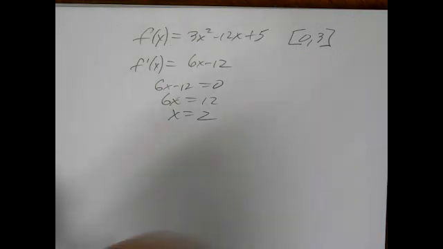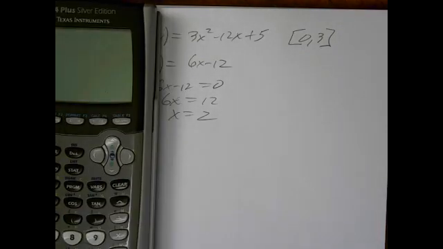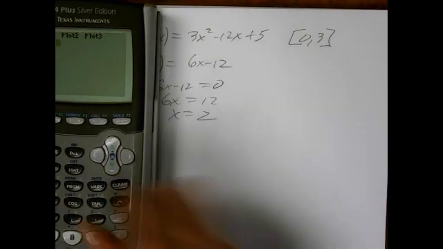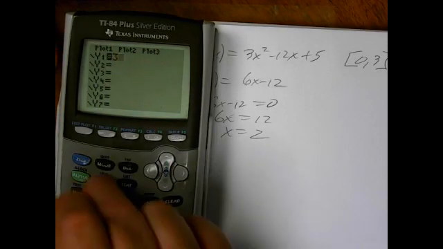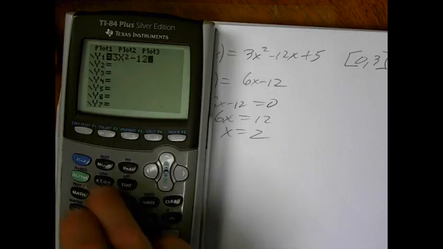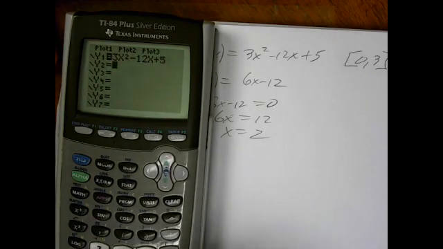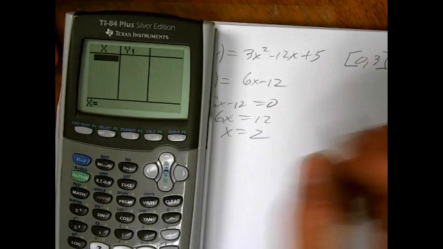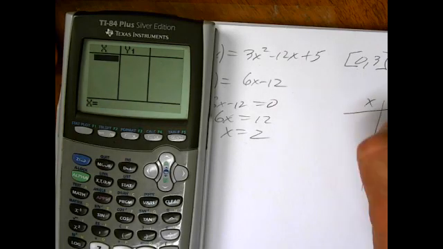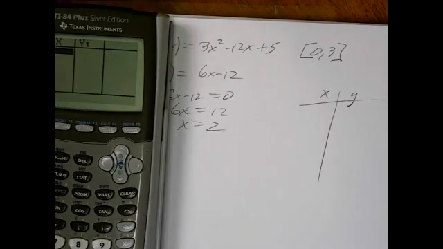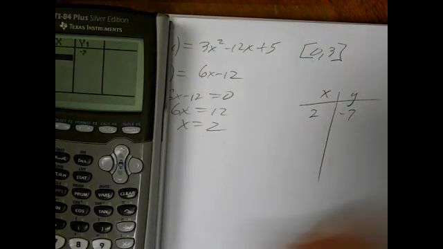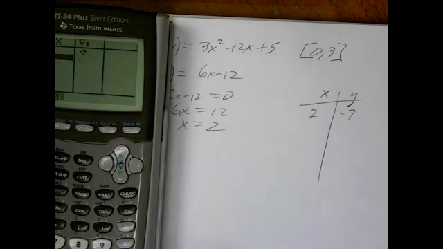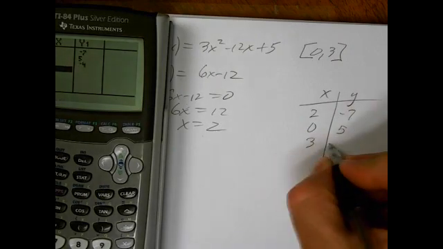All right, so to make life a little bit easier, we'll do this part on the calculator. I'm going to put the 3x squared minus 12x plus 5 into my calculator, pull up a table, and let it give me some x and y values. I'm going to put in a 2 first, and the 2 gives me a negative 7. Put in the 0 next, it gives me a 5. 3 next gives me a negative 4.